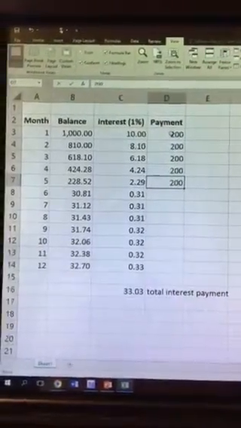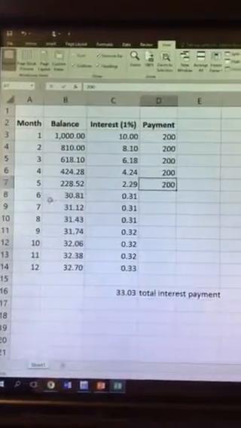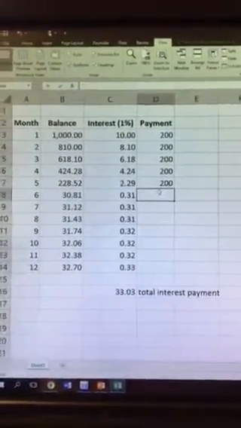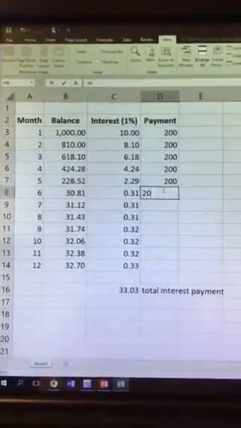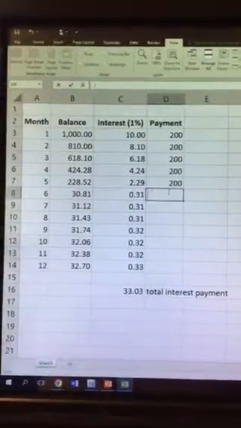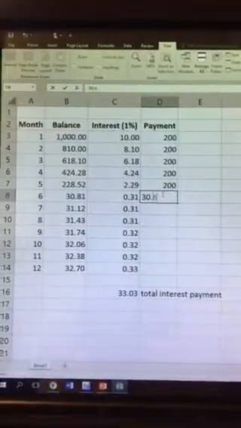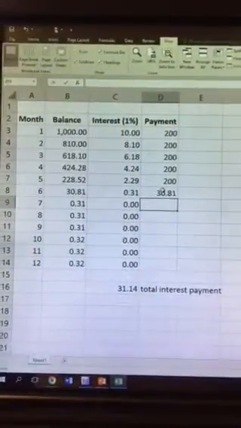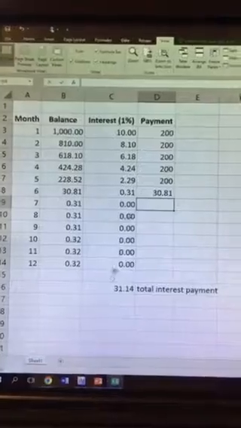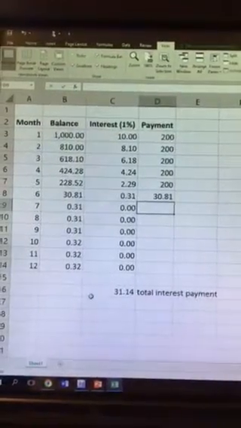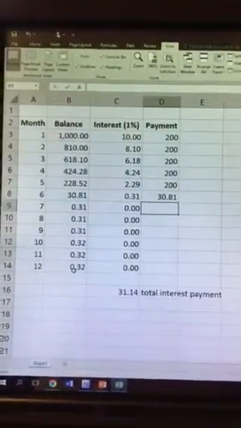At the end of 5 months, I only owed $30.81. Let's just pay that off. $30.81. There we go. I've paid this off in 6 months, and you know what? It only cost me $31 in interest.